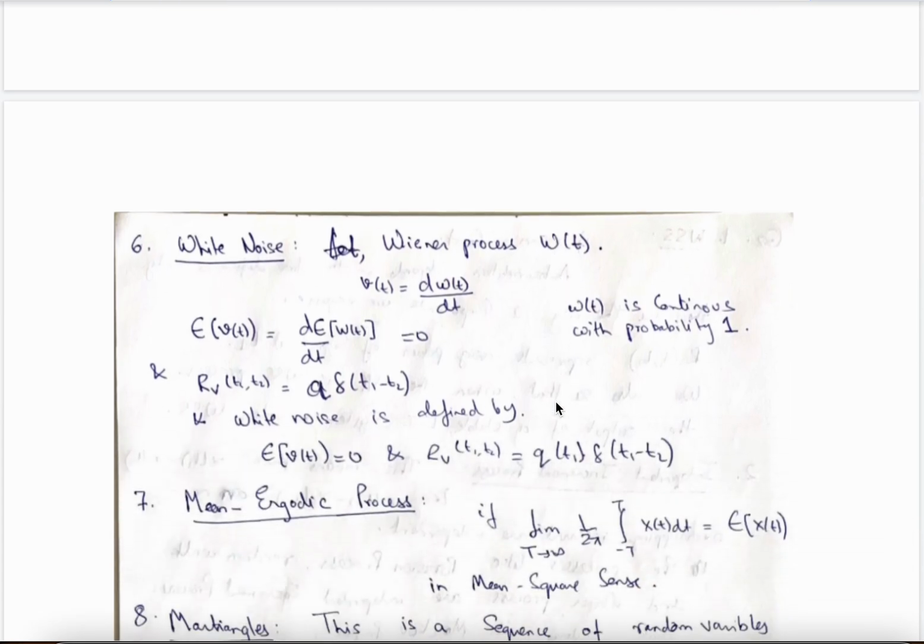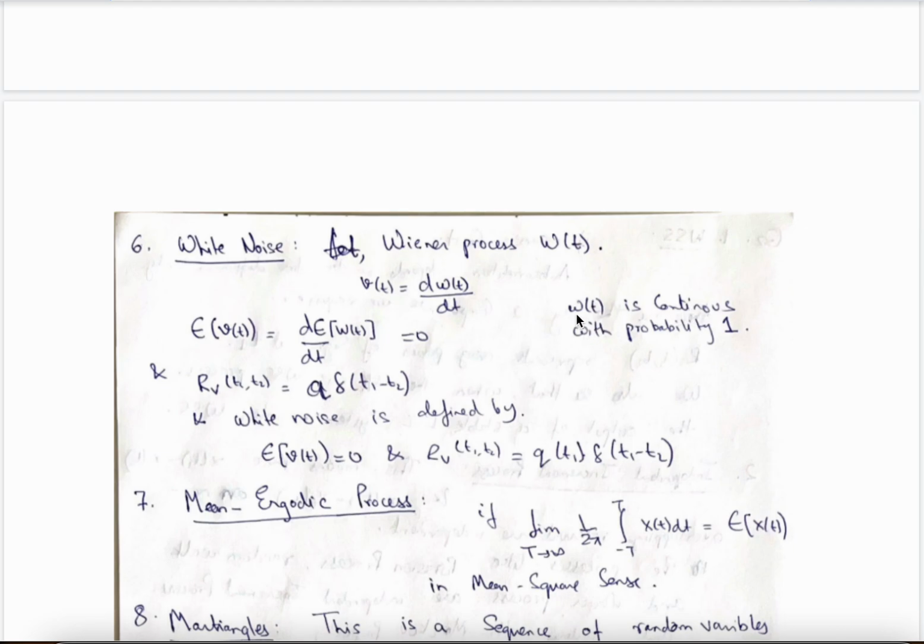Next is white noise. So let Wiener process W of t, which we discussed in question 1 of this homework. If we differentiate it, we get V of t, and that is the white noise. Basically, if we differentiate the Wiener process, we get white noise, and its expected value is given by the derivative of the expected value of the Wiener process, which is 0.